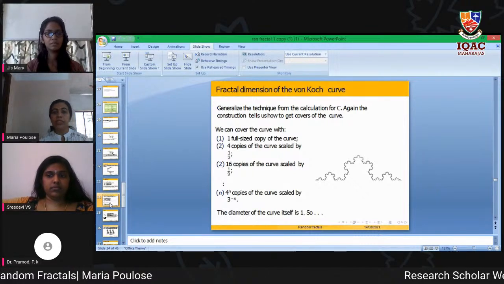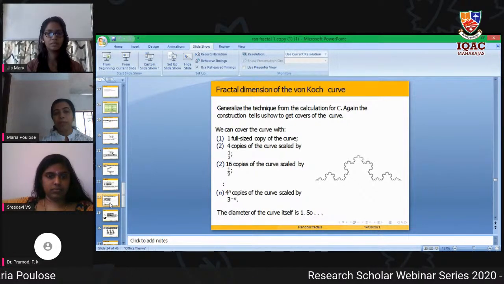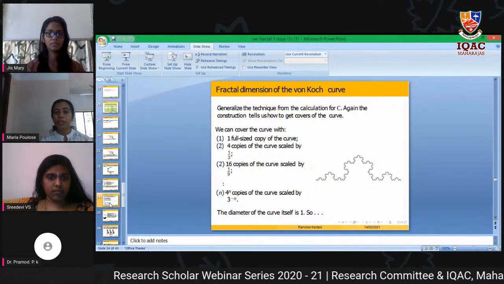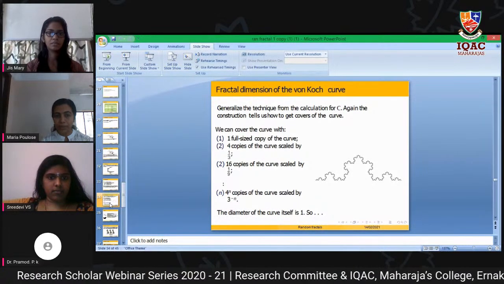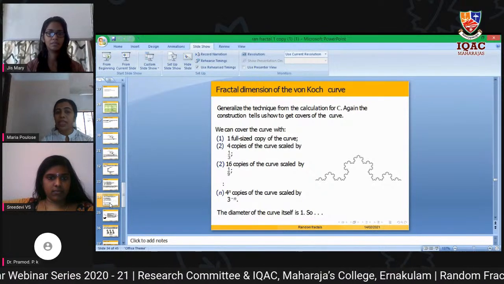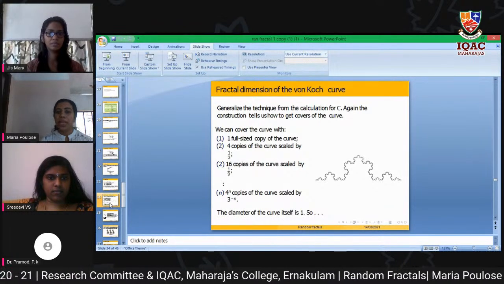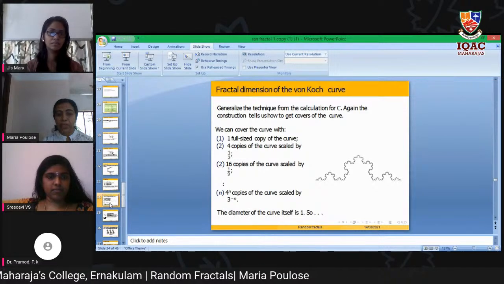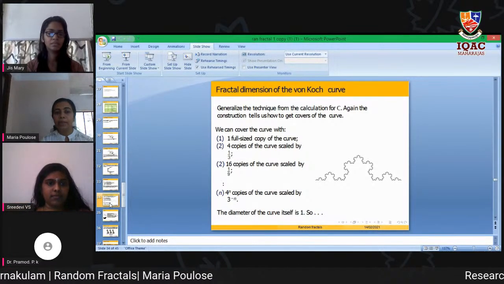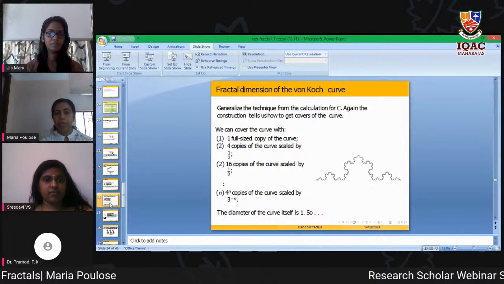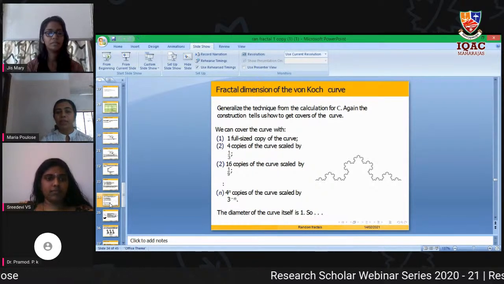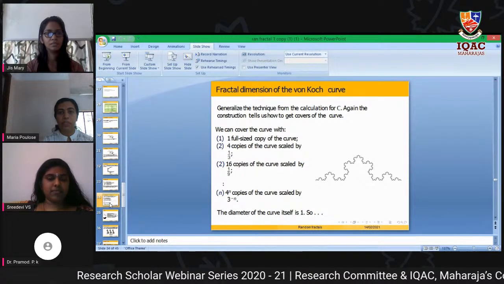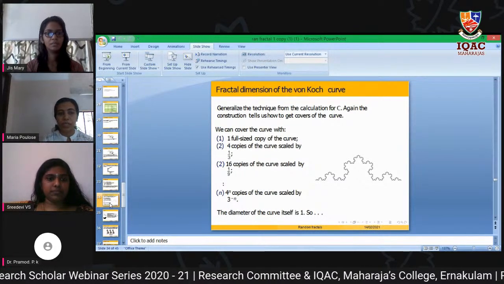We can cover the curve with, first, one full-sized copy of the curve, then 4 copies of the curve scaled by 1/3, then in the next stage 16 copies scaled by 1/9, and so on: 4 raised to n copies of the curve scaled by 3 raised to minus n. The diameter of the curve itself is 1. You can see the curve, and we have discussed earlier how we construct the von Koch curve.